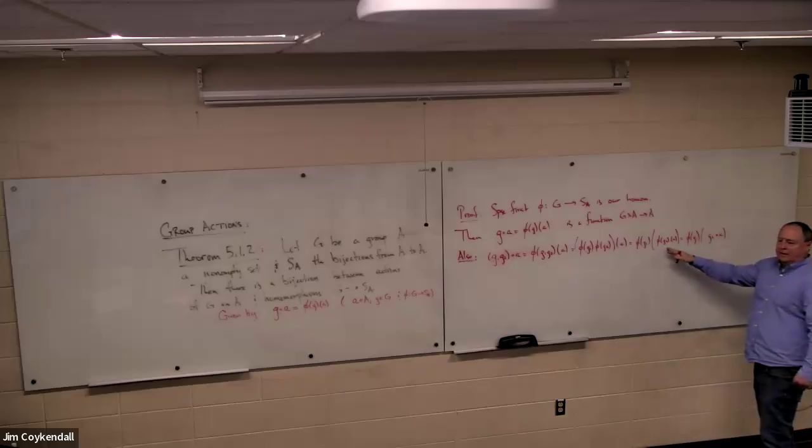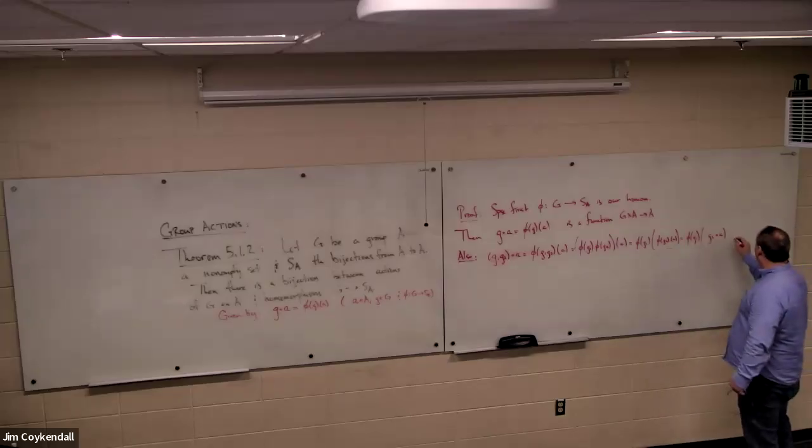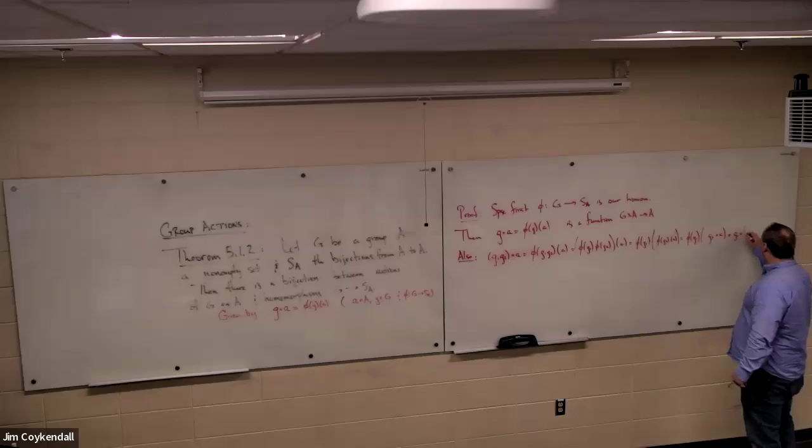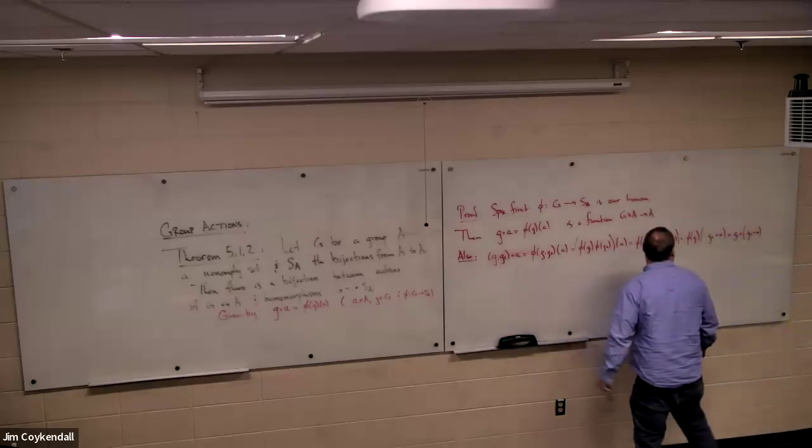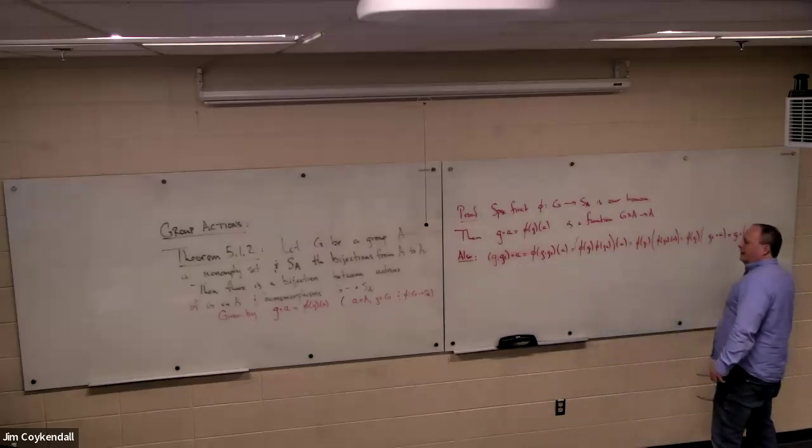That's the way it's defined. And by definition, this is g1 circle (g2 circle a). Okay, so it's got that part of the action going on. So g1 g2 circle a is g1 circle (g2 circle a).